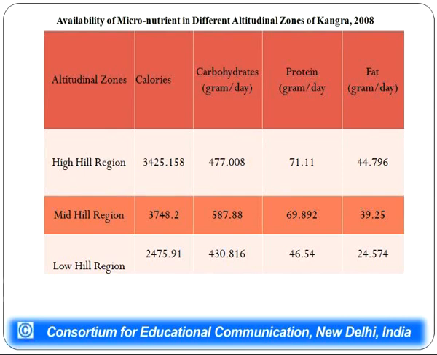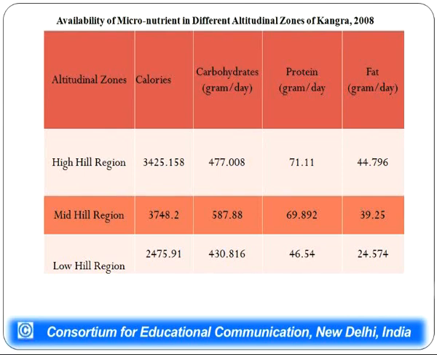Availability of micronutrients in different altitudinal zones: through this diagram, you will be able to know the total availability of different calories. Like you can see the high hilly region, 3425, and from where it is coming: 477 gram per day carbohydrate, protein, fat.